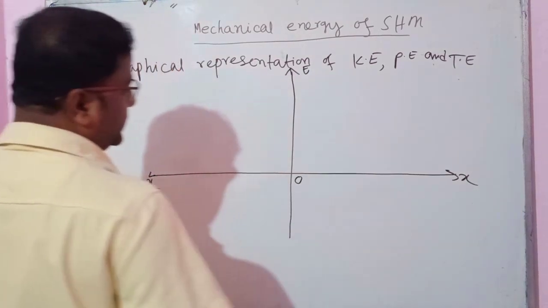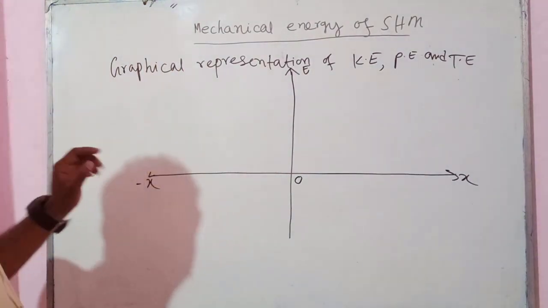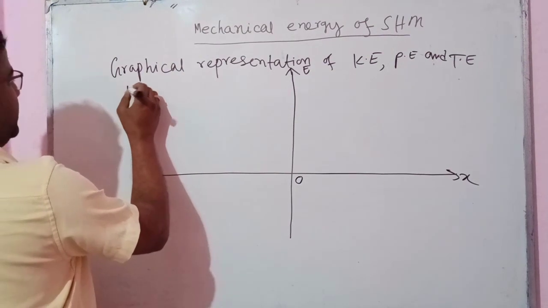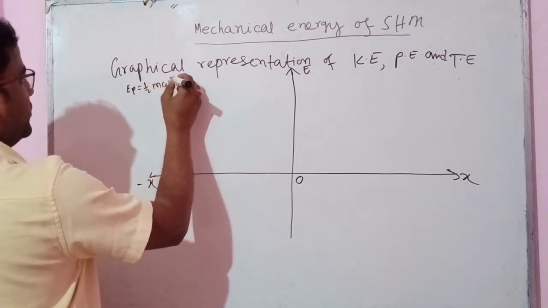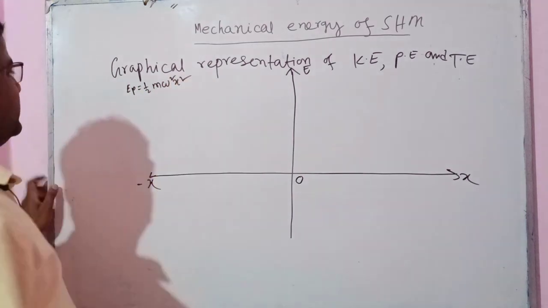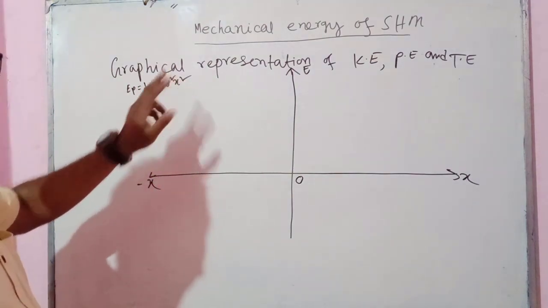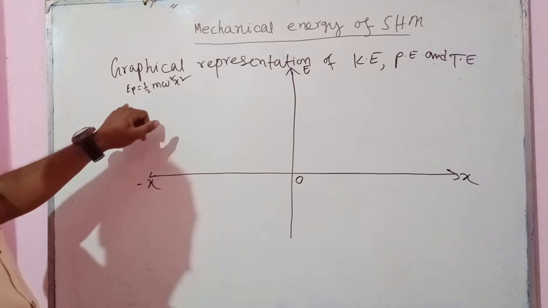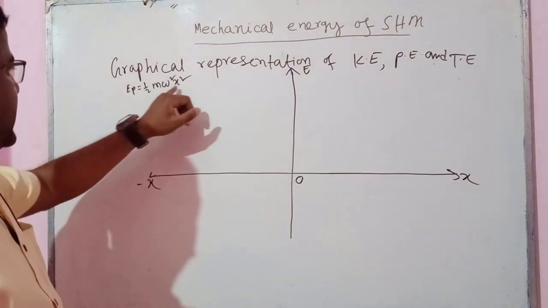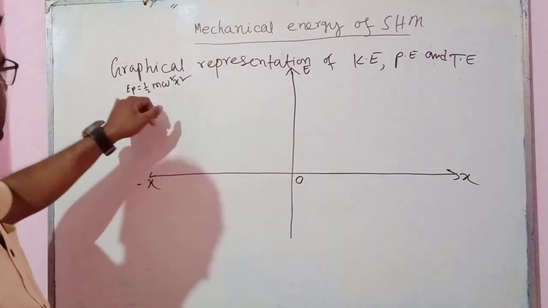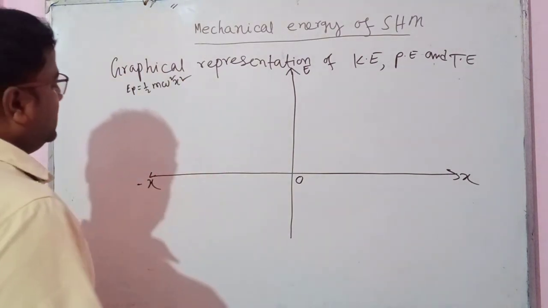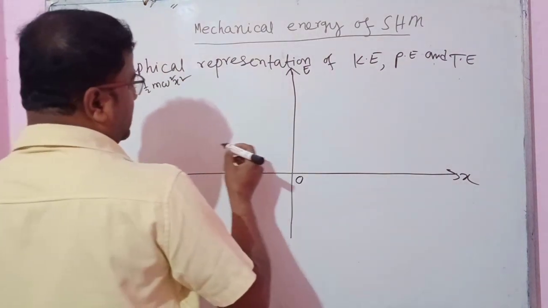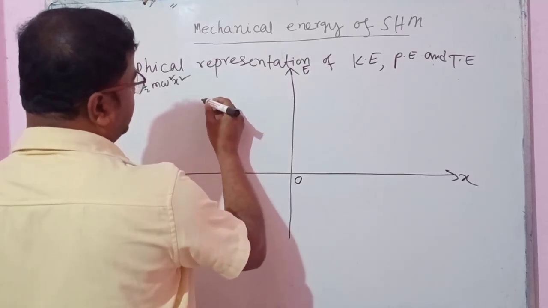This is our center. First, EP equal to half m omega square x square. Here the variables are EP and x. This is the equation of a parabola.